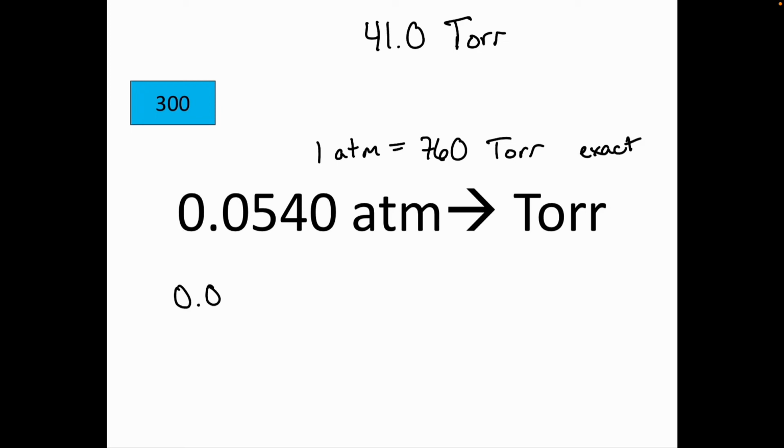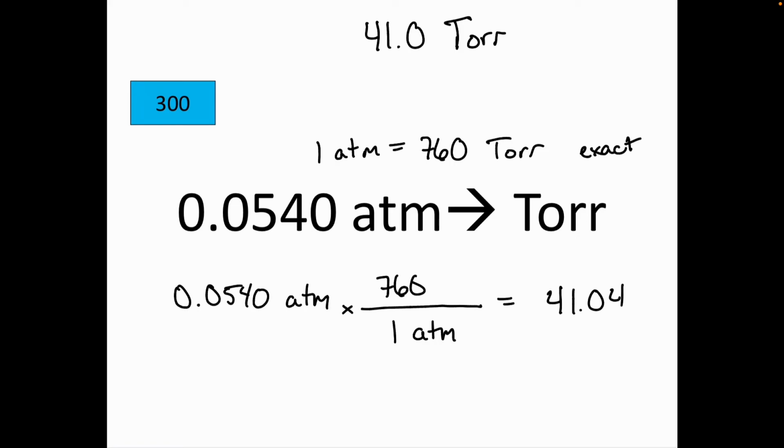So then I'm going to start off with my ATMs. I'm going to then use my conversion factor, punch that into my calculator. I get 41.04. Whoops, should have finished that off. My units are torr. And then finally, I'm left with 3 sig figs, giving me 41.0 torr.